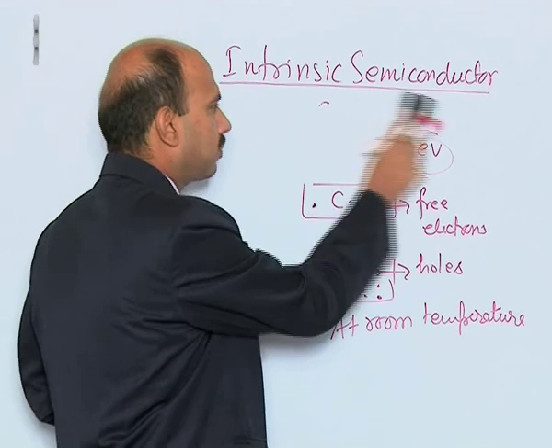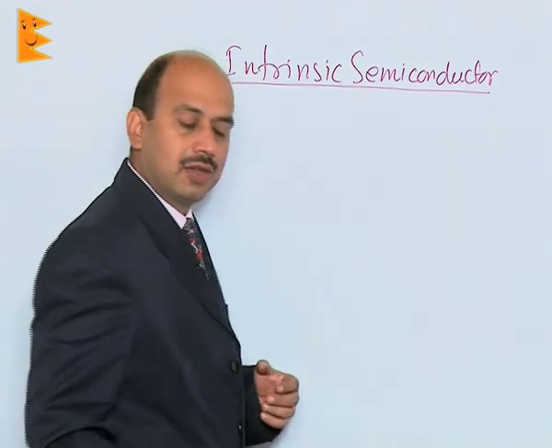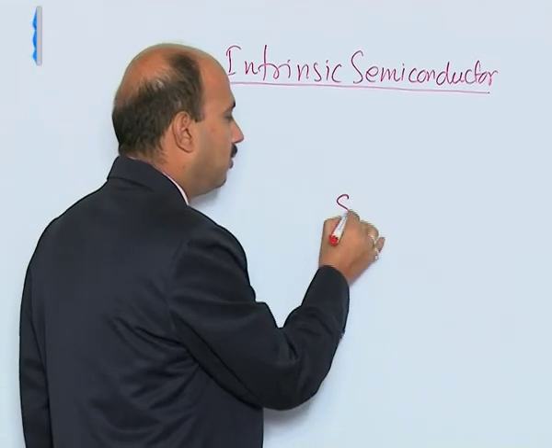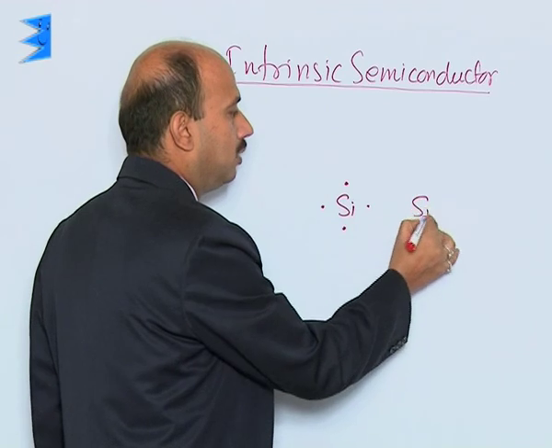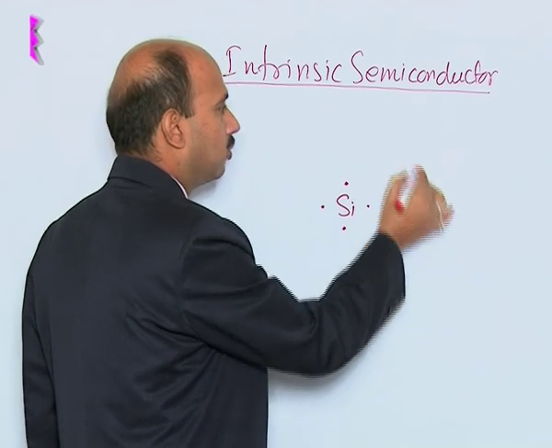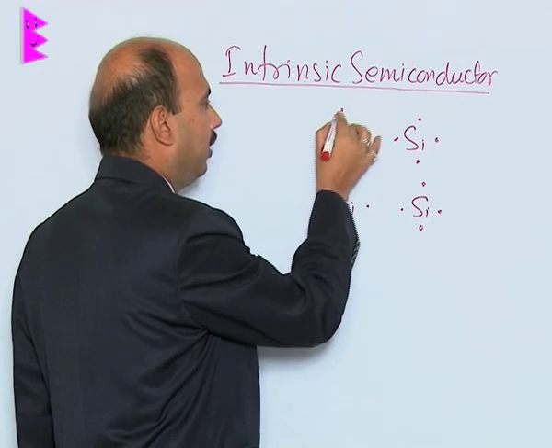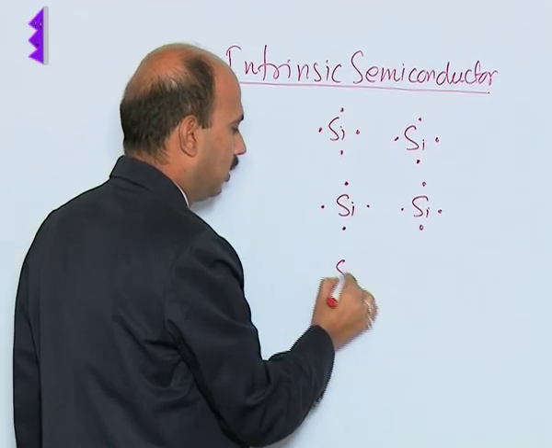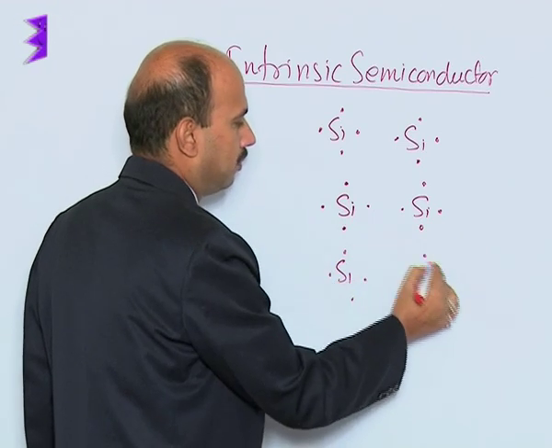Now see, if I take the example of the silicon crystal, suppose you have taken one silicon atom over here which has got 4 valence electrons. Another silicon atom is over here which has got 4 valence electrons, and similarly others.